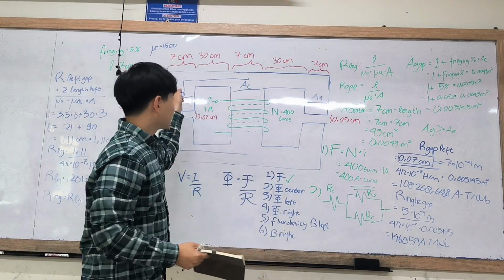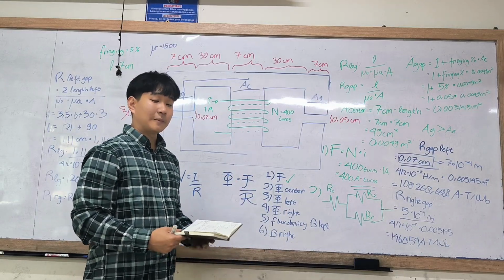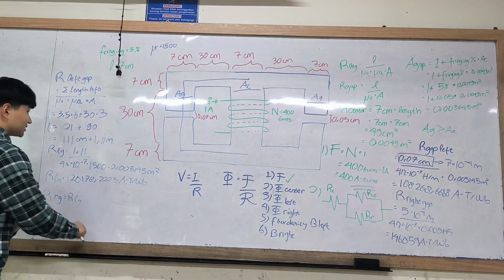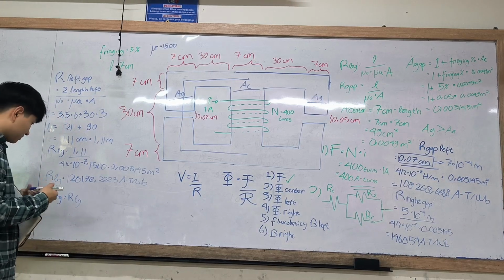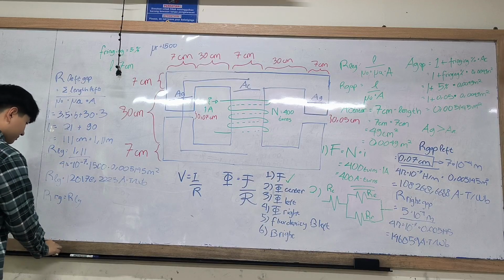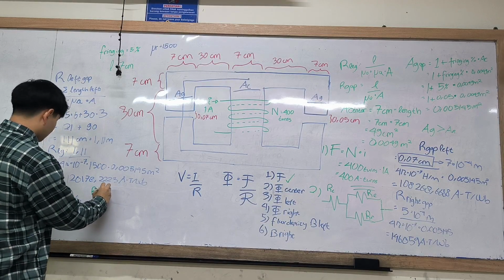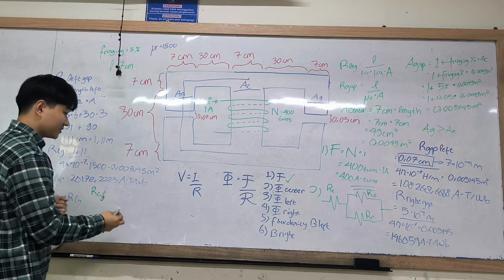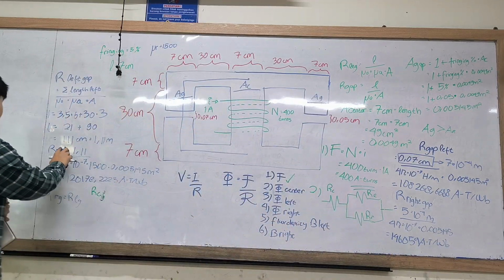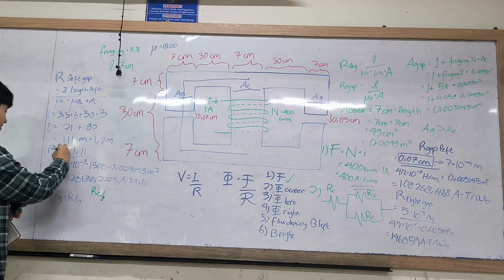So the reluctance of the left leg and the right leg both have equal values. Now it's time to find the reluctance for the center leg. But I've been making a mistake this whole time. I should have written L instead of G, because G means gap and L means leg.